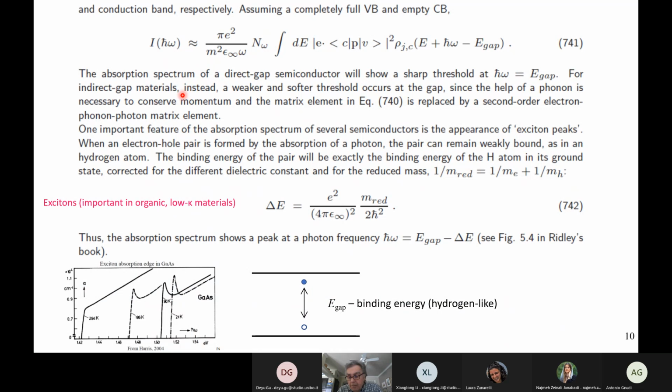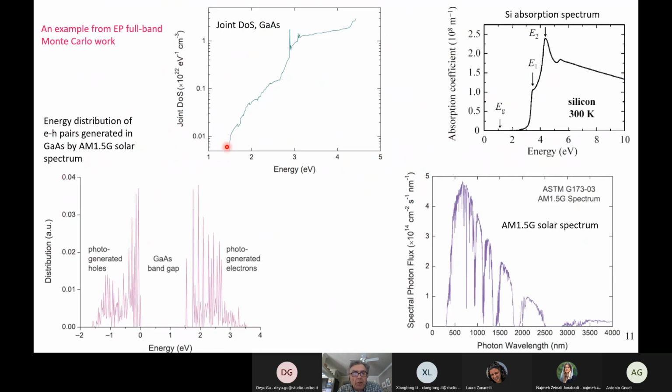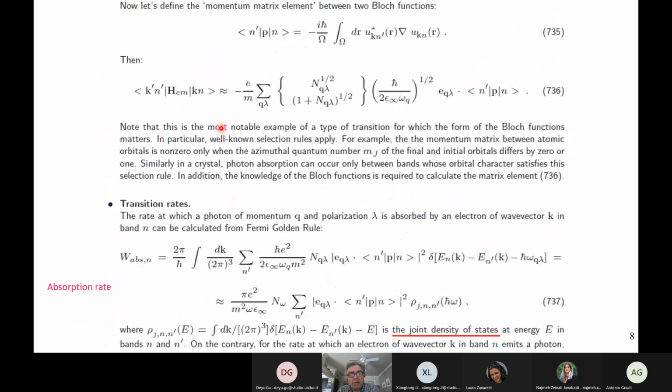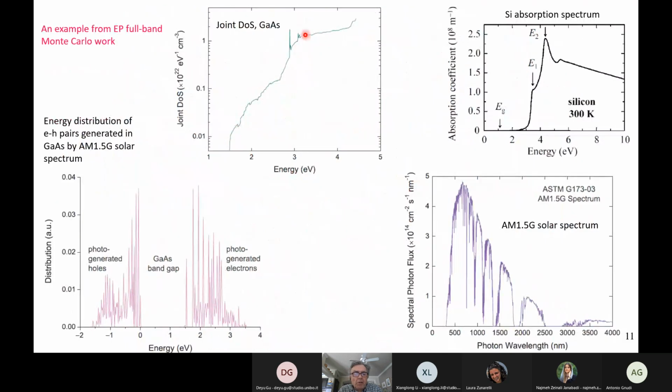Before going into excitons, let me show you, for example, the joint density of states. These are results that we've calculated using empirical pseudopotentials. It's the same band structure that I showed in this slide, the same slide that we have also here for gallium arsenide. This is the joint density of states that you have.